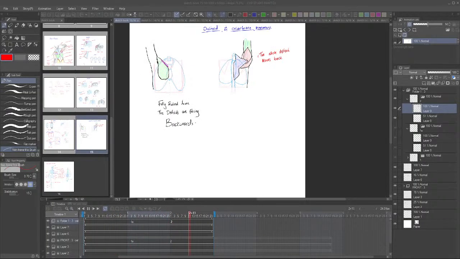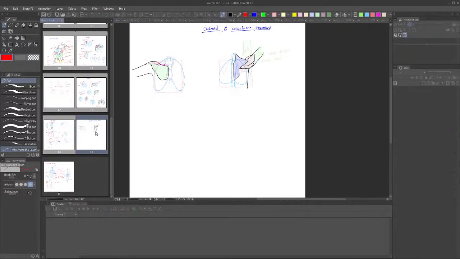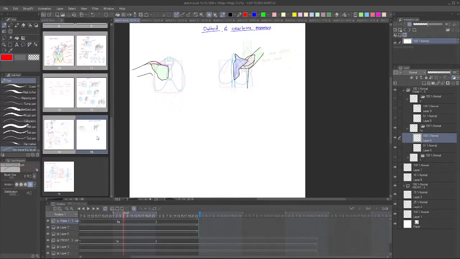Now at the back we have the trapezius as the major muscles. We've also seen what happens to the deltoids when we raise our arms while animating. So let's continue.